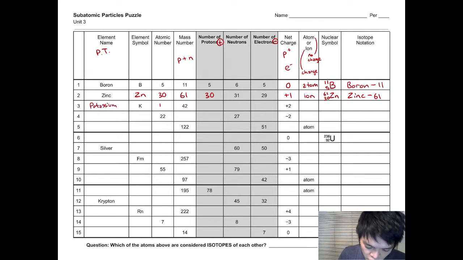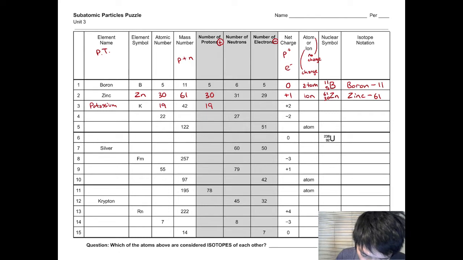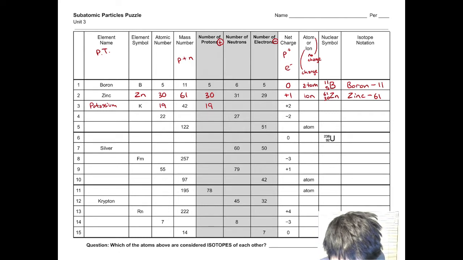It has an atomic number of 19, which also means that the number of protons is 19. The amount of positive charges is also 19 here. Number of neutrons? Well, you sometimes have to figure out the number of neutrons because you will actually have the mass number and the protons. Now remember, mass number, I'm going to write this sideways here.